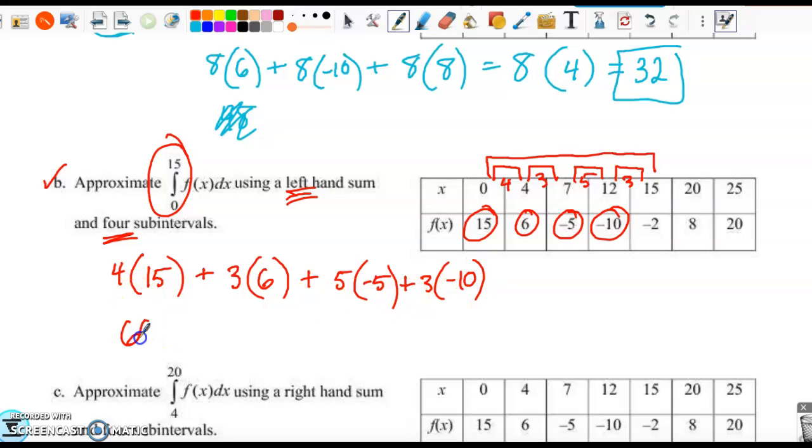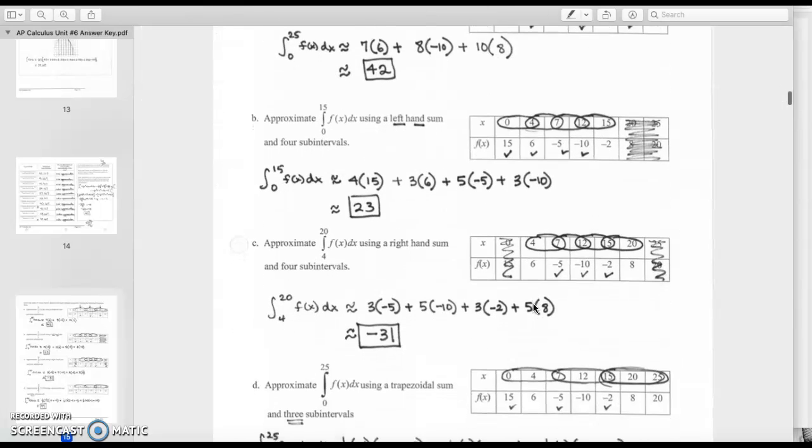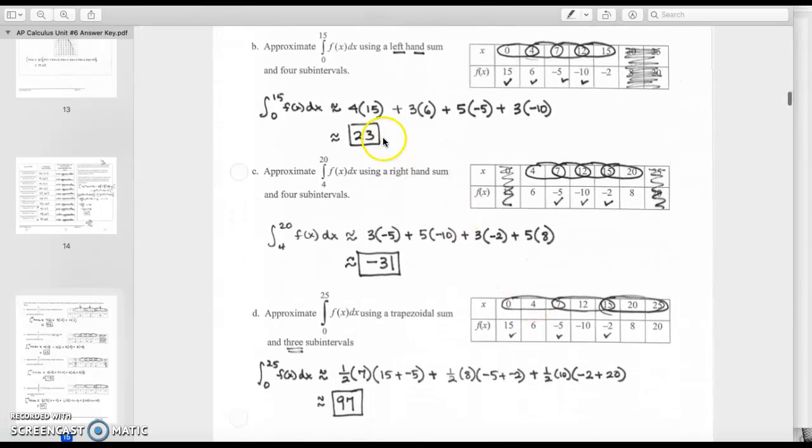And you can definitely do this math in your head. 60, 18, negative 25. I say it and then I almost make a mistake. Minus 30. And I always second guess my math abilities. And because this is a video, I want to make sure I'm doing this right. So this is 23.